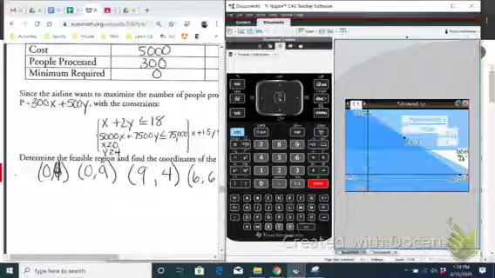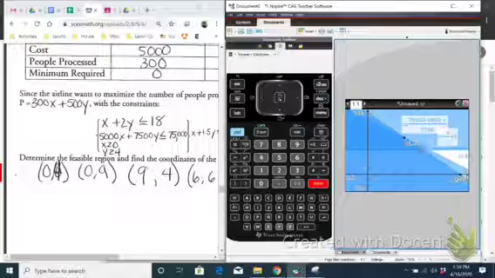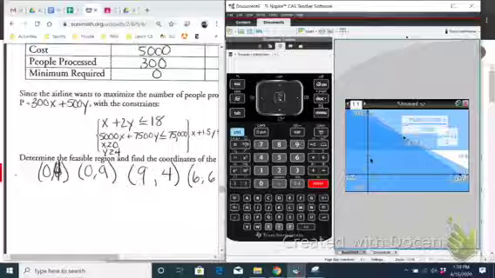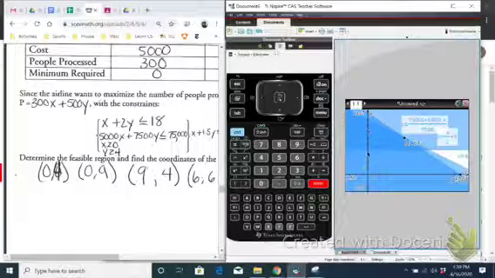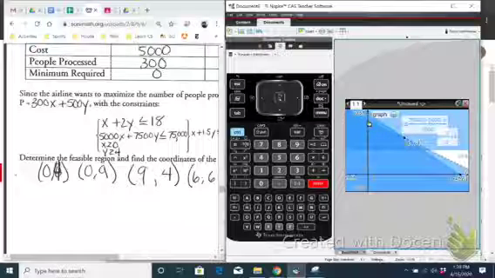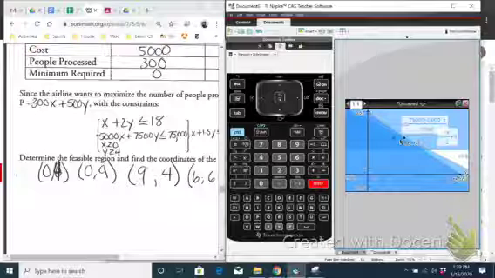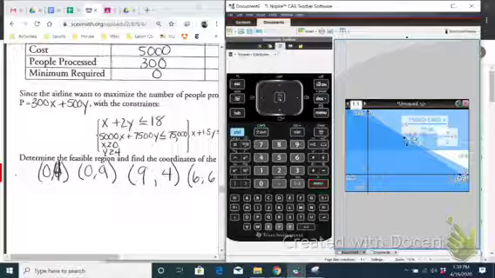Alright, so now we have this shaded region. We have this point right here, which is at 0, 4. So our shaded region has 4 sides. We also have this y-intercept here, which is at 0, 10. We have the intersection of these two lines, so that's 6, 6.